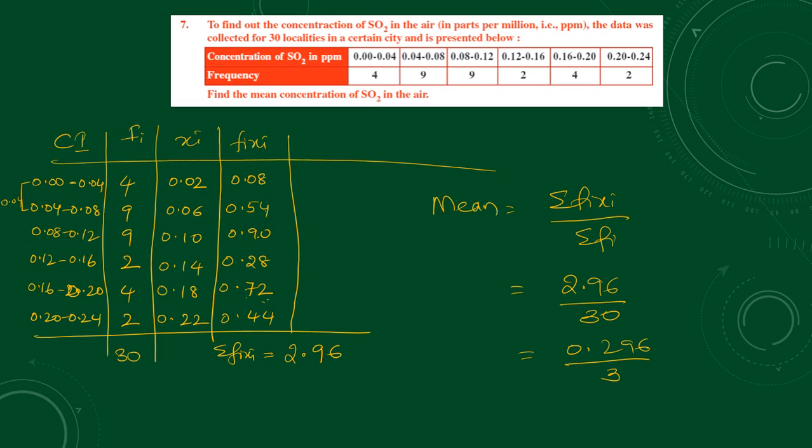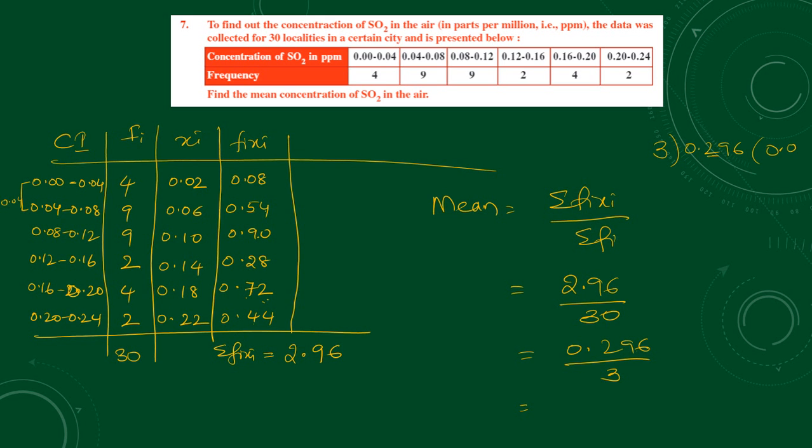Now 9 plus 6, 15, 15 plus 2, 17. So I am not able to get the value directly. So what should I do here? Making it with the 3, 0.296, I can't directly get 0. Since 2 is less than 3, again one more 0.